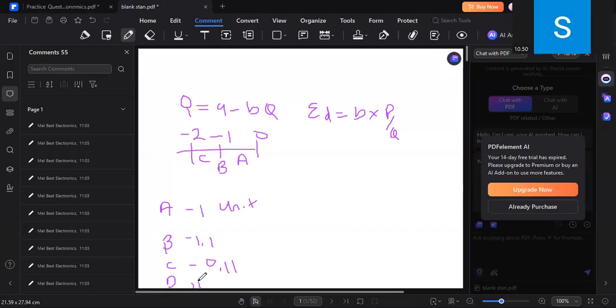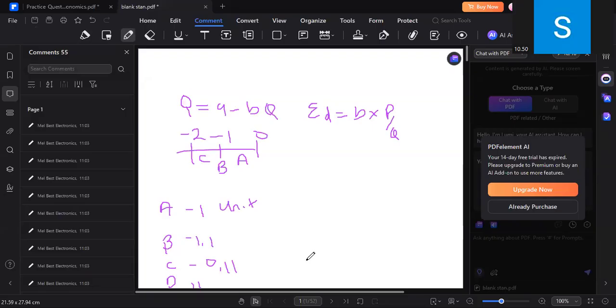Then D is not demand elastic. Sorry, I just want clarity. On A, is that -1 or just 1? It's -1. So -1 is unit elastic, you said? Yes, exactly 1 it is unit elastic. Okay. Is that clear? Yes, it's clear.